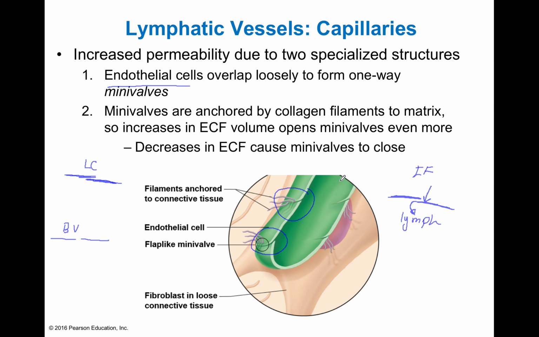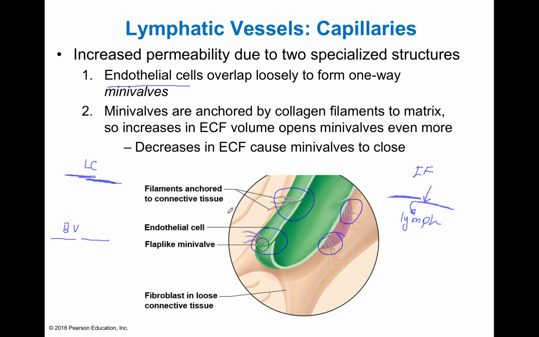The other thing that you should also notice is that because there is no pumping action in these lymphatic capillaries, there wouldn't be any significant pressure. So there is a tendency for these lymphatic capillaries to collapse on themselves. To ensure that doesn't happen, what you see here is these little strings that are sitting around.